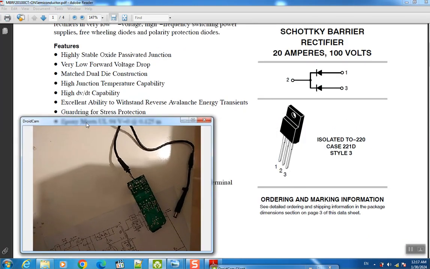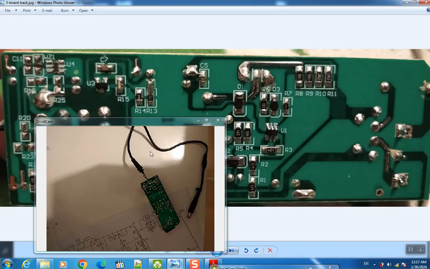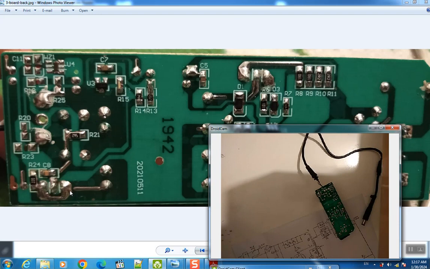For this rectifier, you can find 1, 2, 3, the numbers of its pins. So I can find it easily here, 1, 2, and 3.